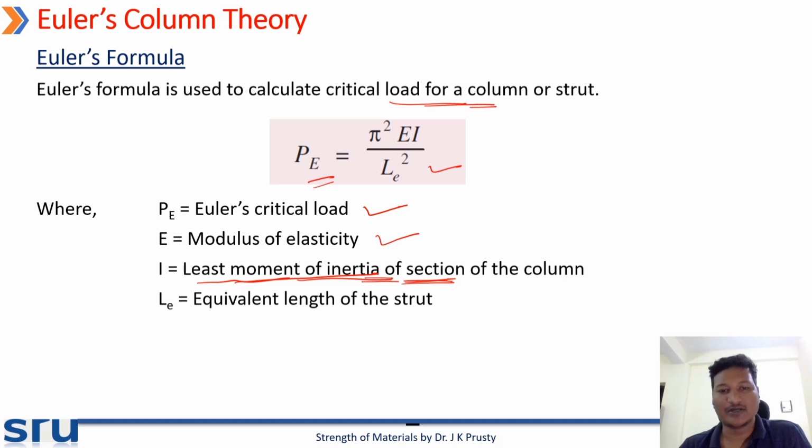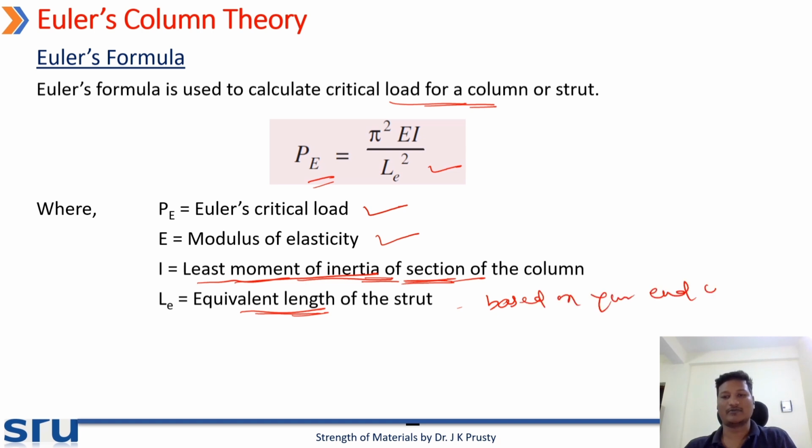If it is a symmetric section, it is simple. If it is unsymmetric, we need to find the moment of inertia about two different axes, and determine which one is the least moment of inertia, and use that in the formula. LE is the equivalent length of the strut, which can be decided based on your end condition.